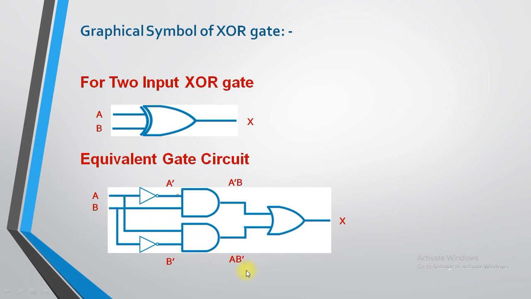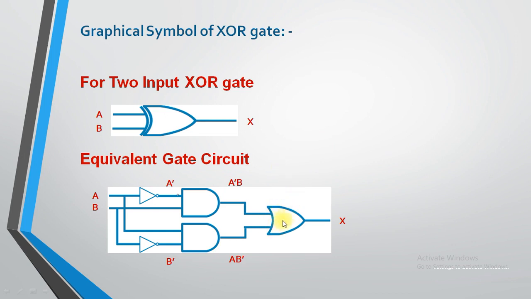Over here what is my requirement? AB dash. So the value of A goes as it is, and the value of B is converted using a NOT gate into B dash. After that I will get AB dash over here. Now what is my next requirement? A dash B plus AB dash. That thing I need to perform.